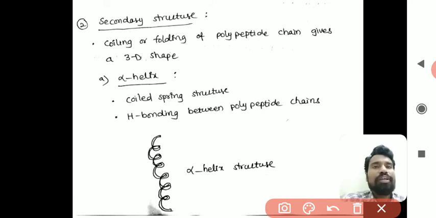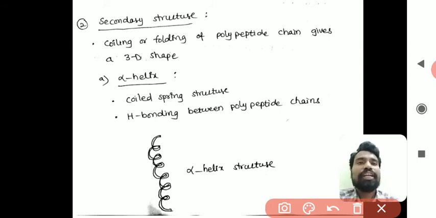Here in the secondary structure, polypeptide chains interact with each other because of hydrogen bonding interactions, so that coiling or folding takes place. When coiling takes place, it results in an alpha helix structure; when folding takes place, it results in a beta pleated sheet structure.